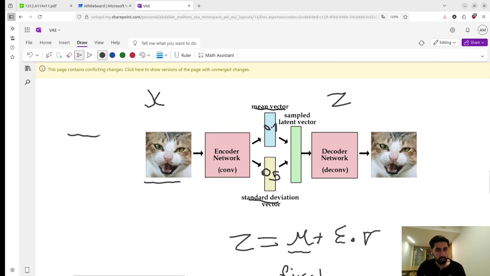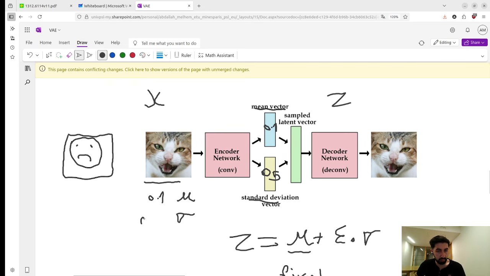And let's say we input an image of, I don't know, a sad face, and the network outputs a fixed mean and standard deviation. So for this cat, we get 0.1 for the mean and 0.5 for the standard deviation.